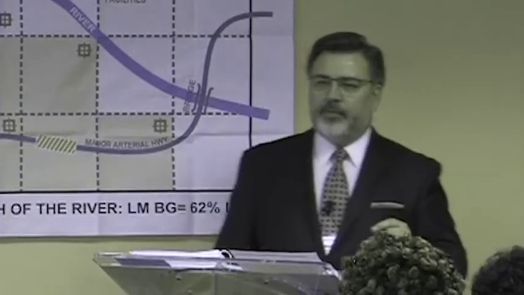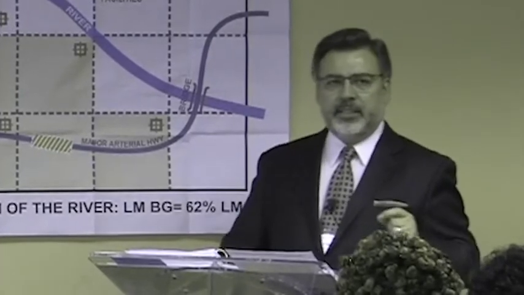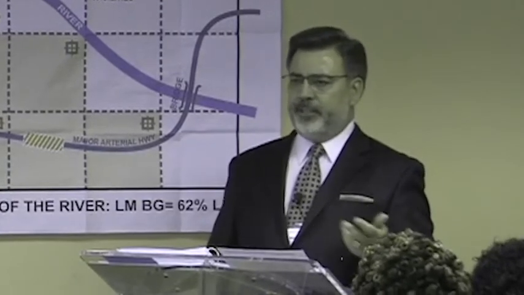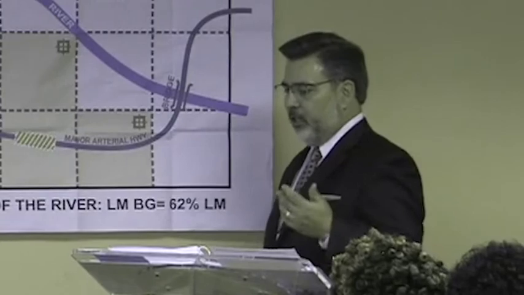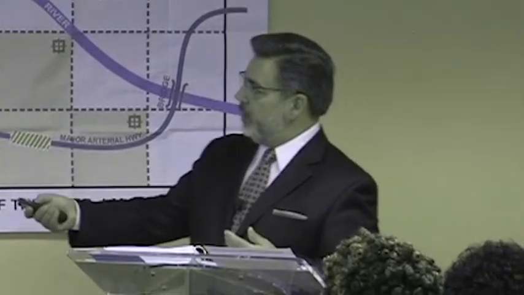Okay? For some reason, sometimes there is this misconception that 100% of the beneficiaries must be low and moderate income. That's not true, although it is one of the options on here. But as long as 51% of them are eligible, it is an eligible activity, okay?